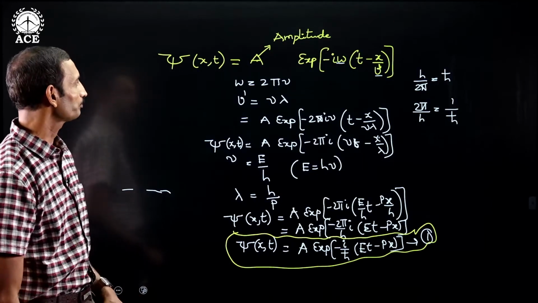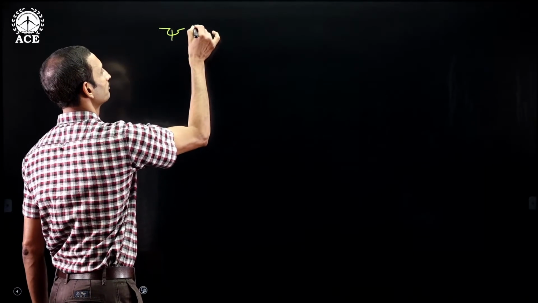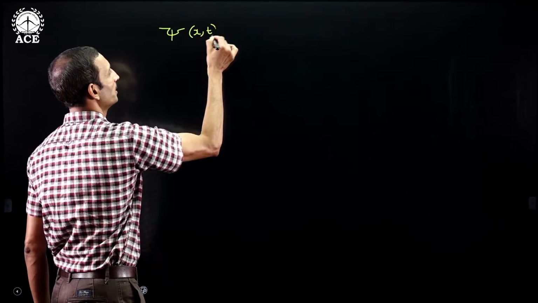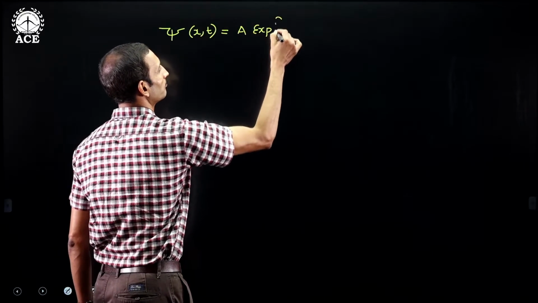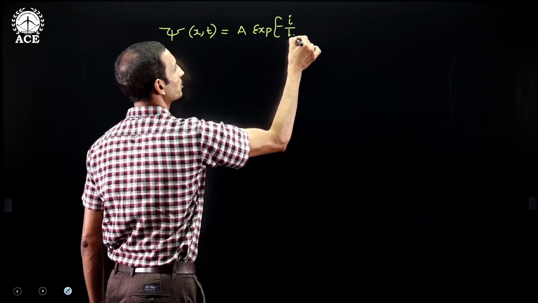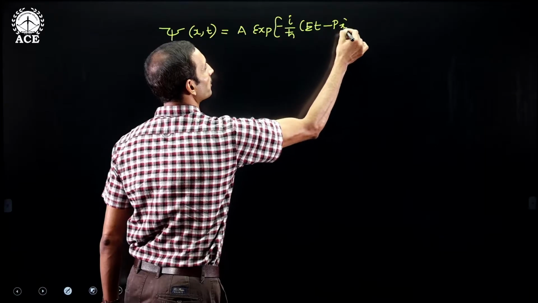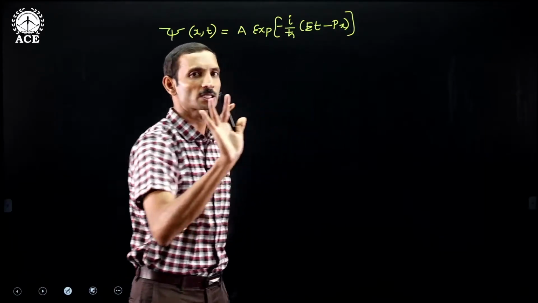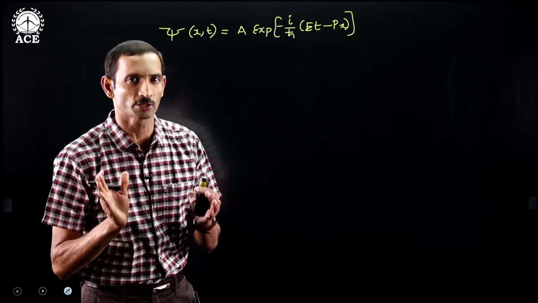Okay. Now, I'll be starting with psi of x, t being A into exponential of minus i by h cross into (Et minus px). So we have understood that this equation is not sufficient for describing the motion of the particle under certain restrictions.